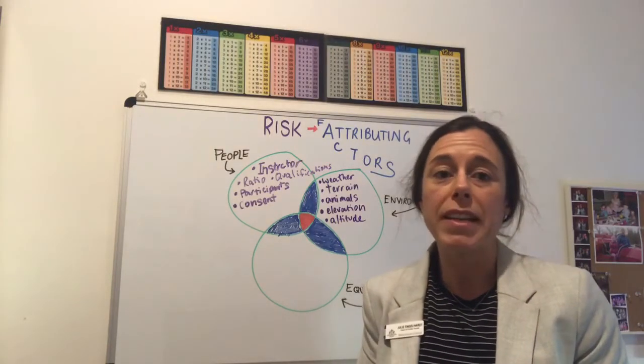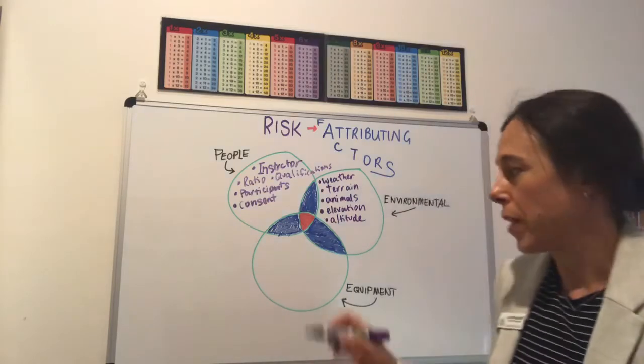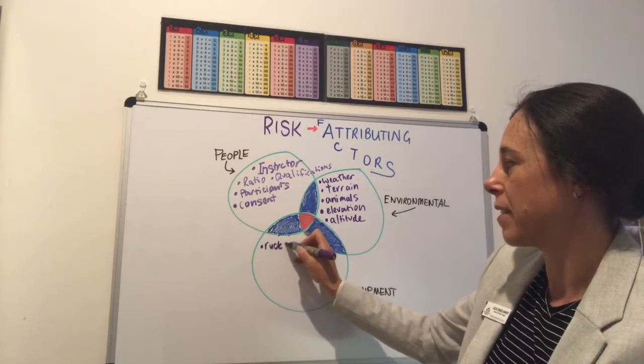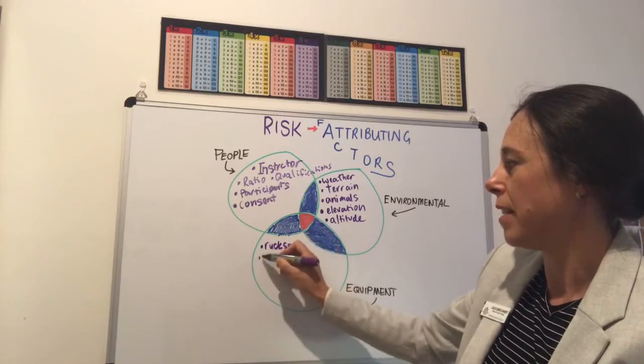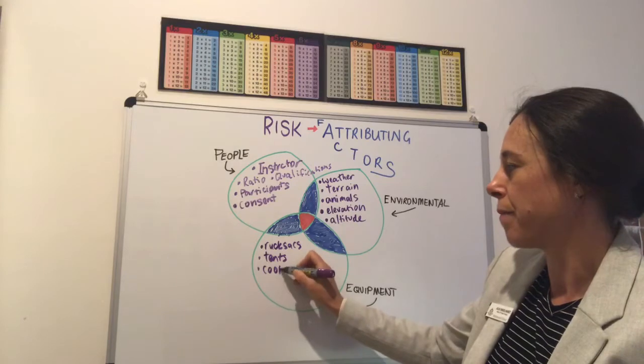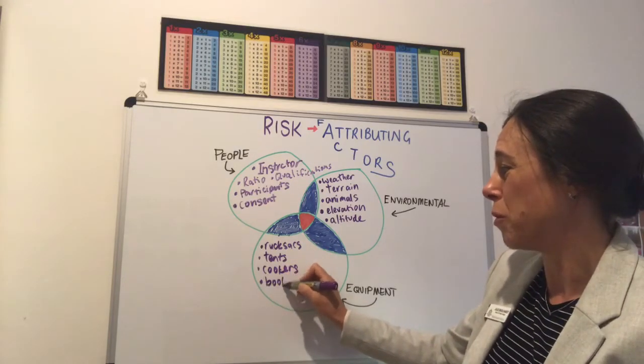So some of the equipment that we need to factor into a bushwalking expedition would be rucksacks, tents, cookers, let's go boots or footwear.